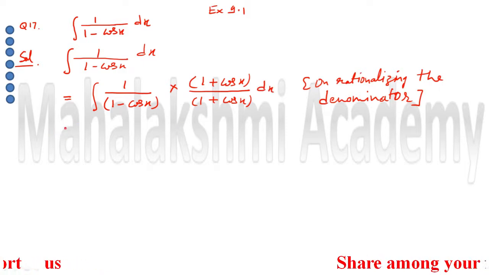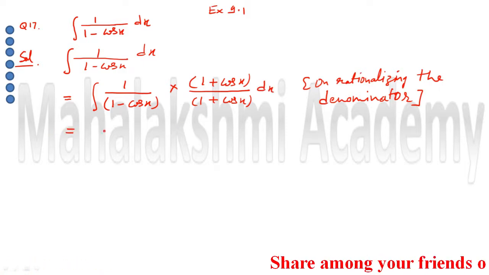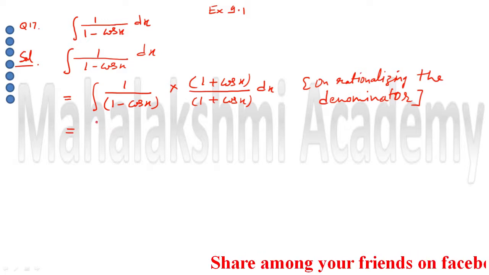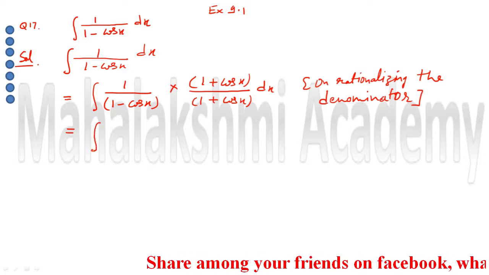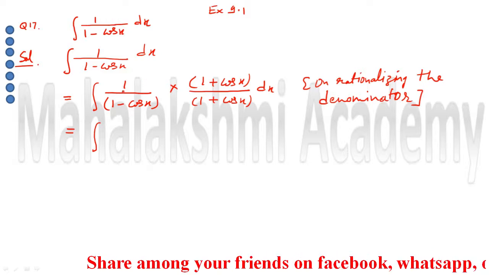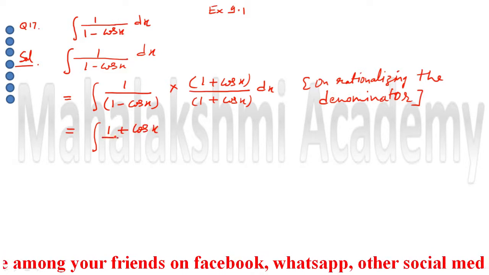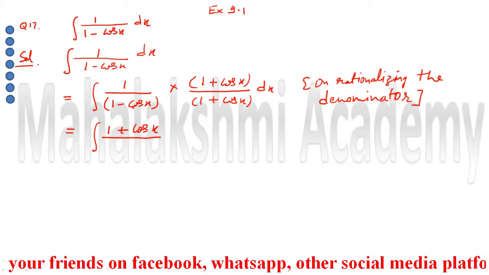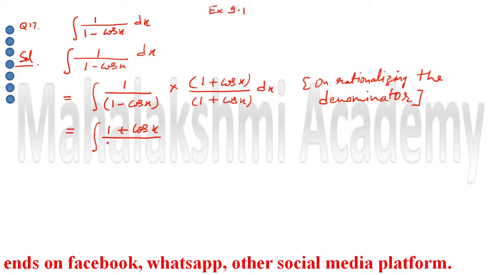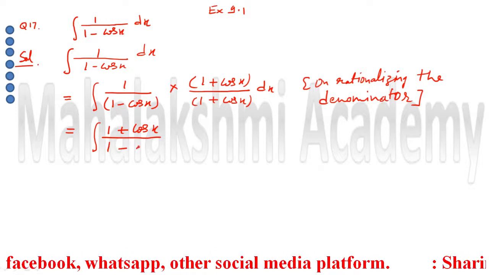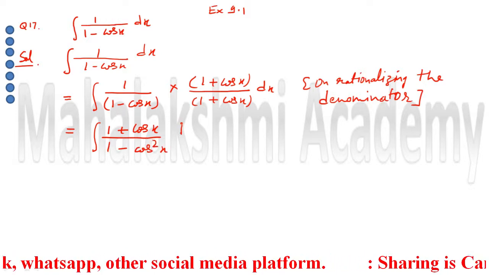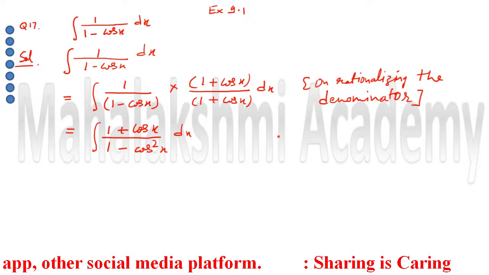After rationalizing the denominator, this bracket multiplied by 1 will give 1 plus cos x, and in the denominator it is in the form of a minus b, a plus b, that is a square minus b square, 1 minus cos square x, and dx. Which formula did I use here?